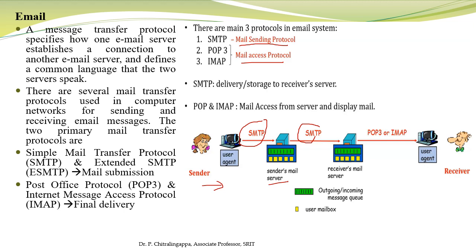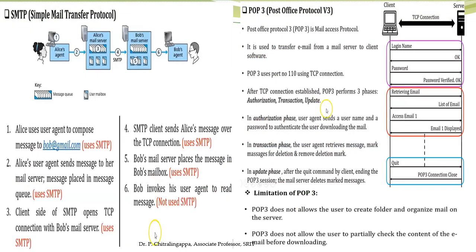So this is the way two persons, Alice and Bob, communicate with each other via mail communication.